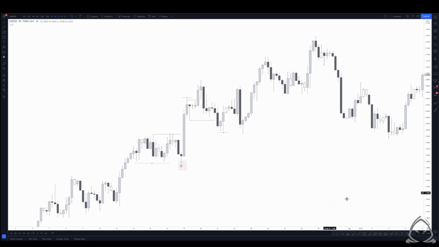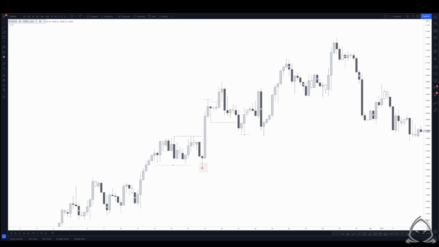Price continues. We do get some sort of mitigation, so we're starting to see the potential that this could be a protected high. But what we need to see is follow through on this move right here, because for a true protected high, and it's something I probably should have mentioned in the beginning of the video, but considering we're still in the same video, it's not a big deal.